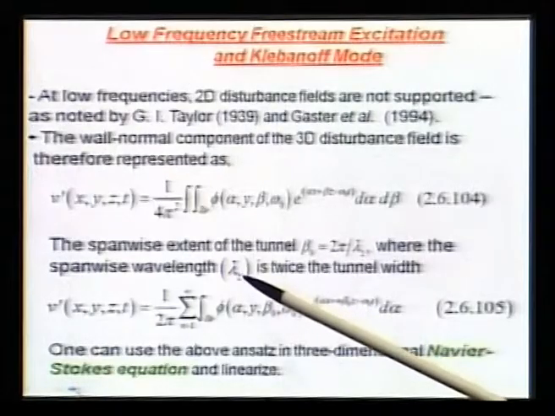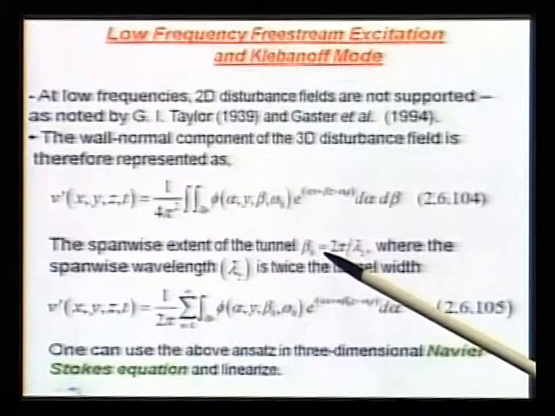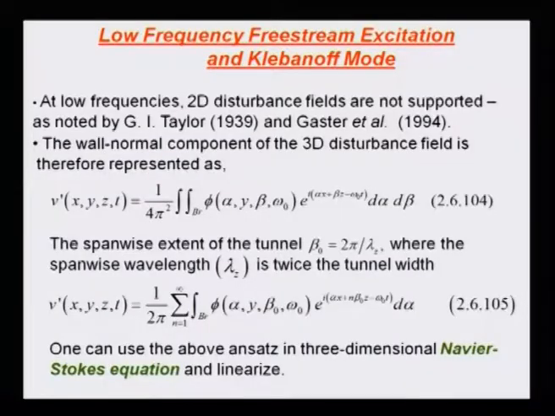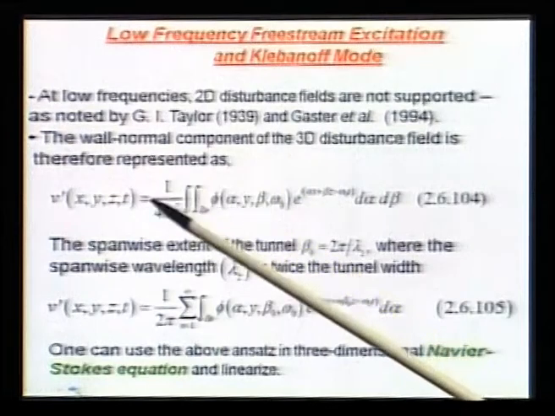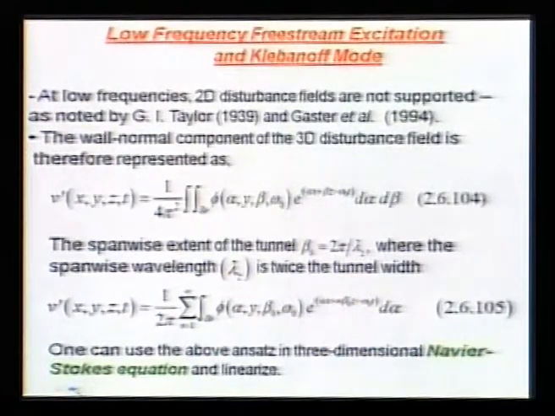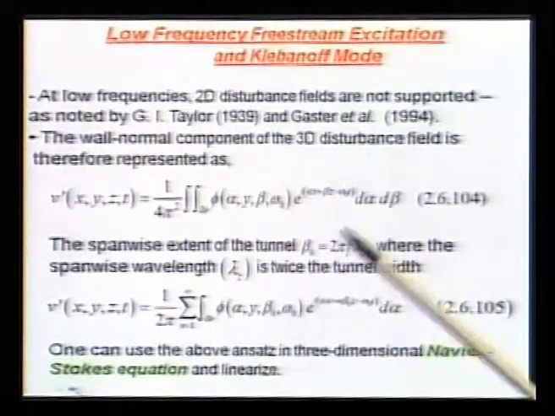Wavelength, I will call it lambda z, and the corresponding wave number I am calling beta naught. Right? So what we do is that I could write down, let us say, the v component of velocity as a linear combination of all these modes, because that is the maximum wavelength I can do.